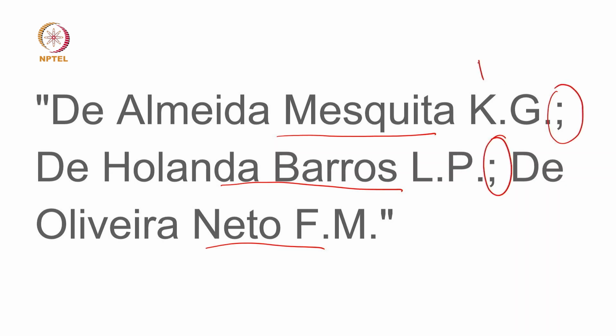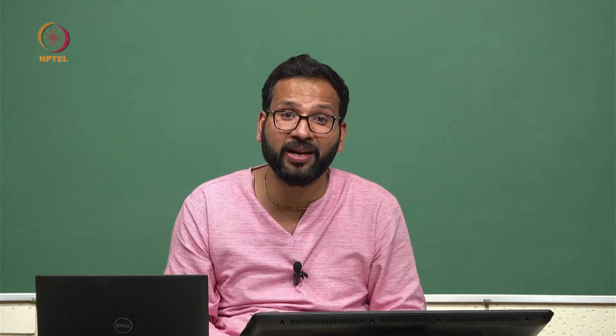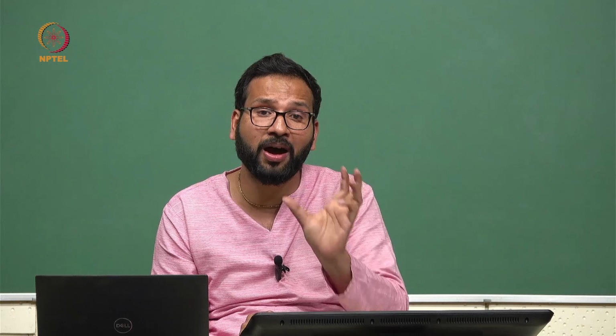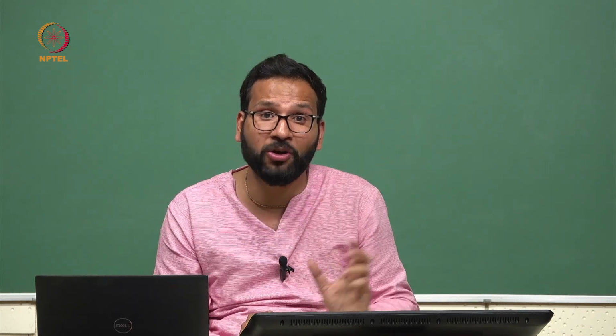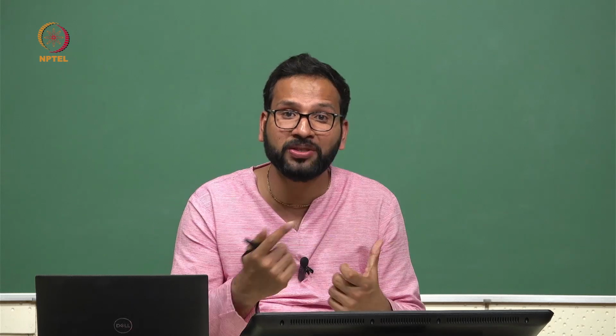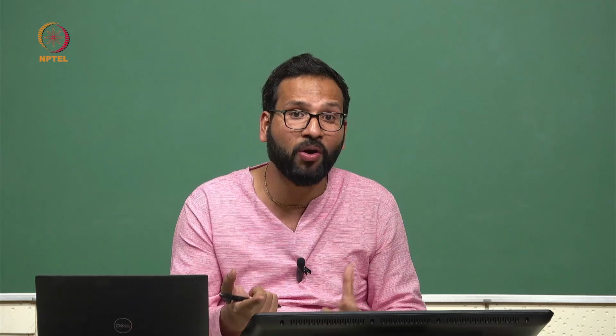This is one author, this is the second author, this is the third author. Whether you extract the data from Scopus or Web of Science, all the author names are separated by semicolon. So if somehow we can count the occurrences of semicolon, we can solve this problem of counting the number of authors of that publication.